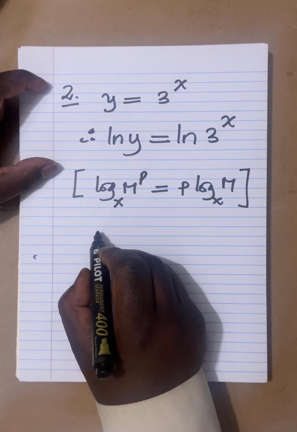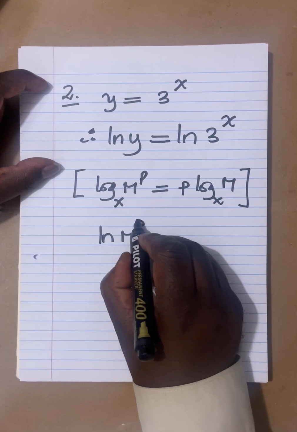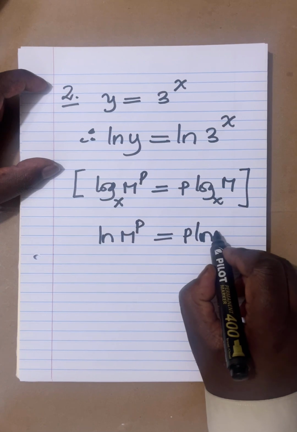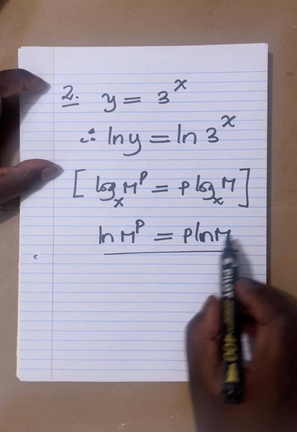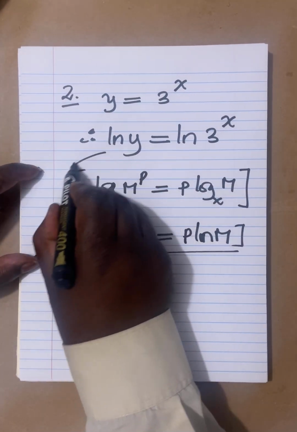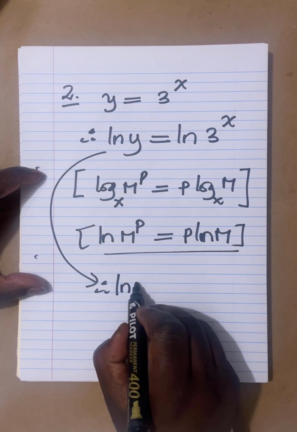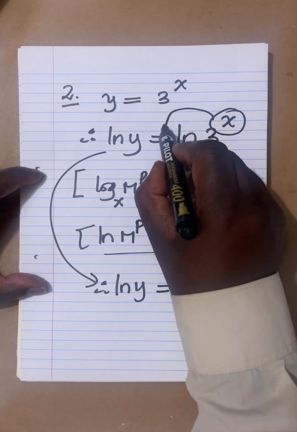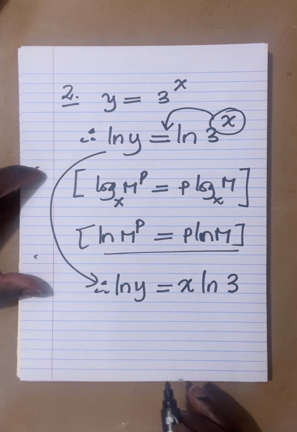So we can also say ln of m power p is equal to p ln of m. And so we're going to apply this rule here in order for us to be able to handle that. So let me move this one down here, and I'm going to say, therefore, ln y is equal to the power multiplied by ln 3, that is x ln 3.